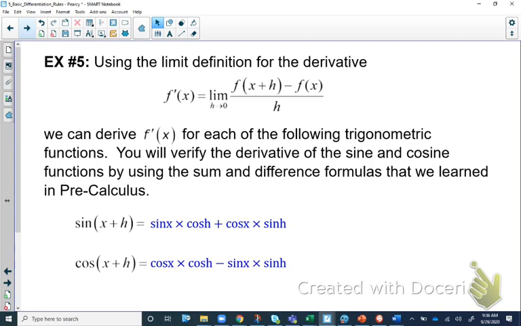Now, down here at the bottom, what we have for sine of x plus h and cosine of x plus h, essentially these are coming from pre-cal. These are angle sum and difference identities.